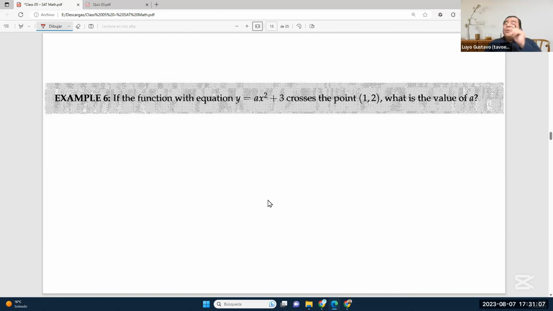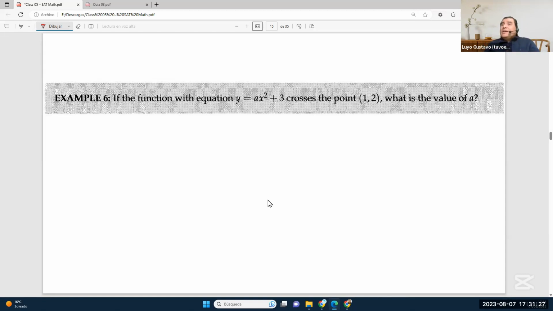That means that the point given must actually belong to the curve of the function. And what does that mean, analytically speaking?